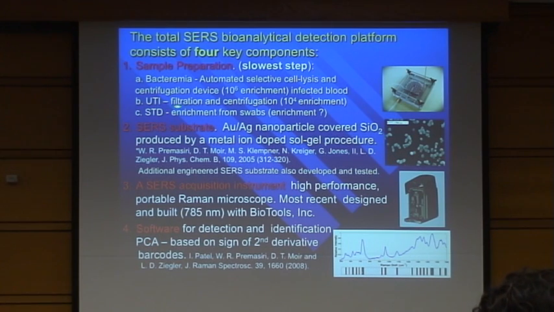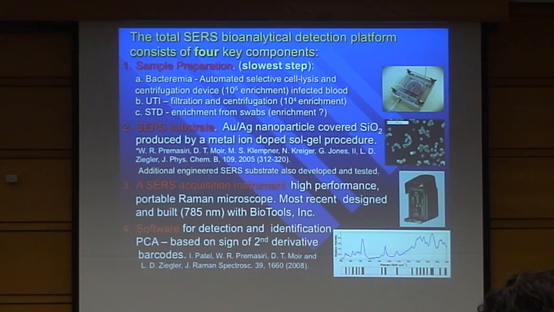The second component is the SERS substrate itself. And I'll show you a little bit more about that, but just briefly, it's a gold or silver nanoparticle covered SiO2 substrate. A SERS acquisition instrument is also required.